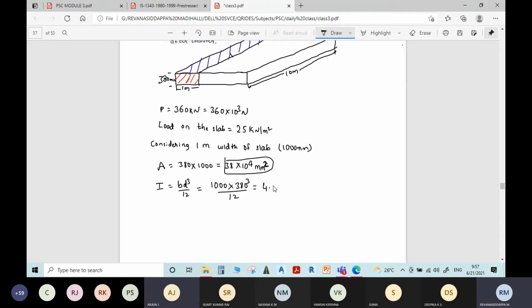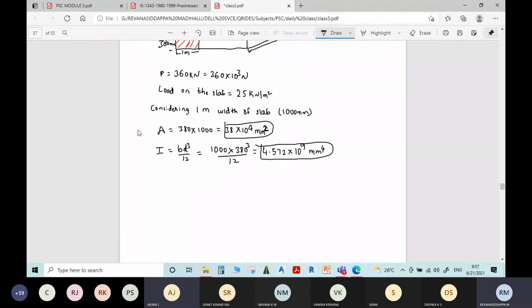Is it 10 power 5 or 9? 9, sir. 9, correct. Because I got 10 power 5. Same value, right, sir?